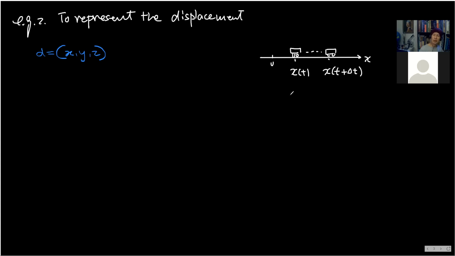Do you remember how to define the displacement? In this case, the displacement in the 1D, so this is a 1D motion. Do you remember how to denote the displacement?